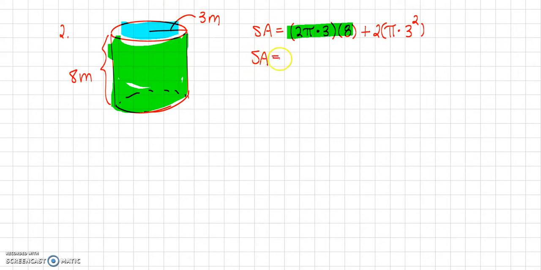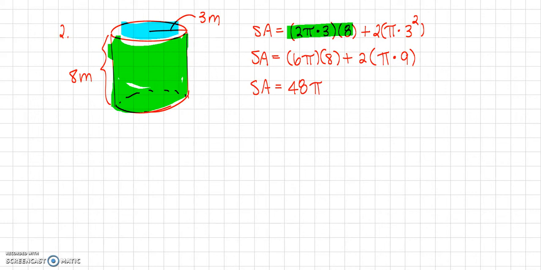So let's simplify. 2 pi times 3 is 6 pi. Three squared is 9. 6 pi times 8 is 48 pi. And the reason I'm keeping pi in here, not substituting 3.14, is because all of my answers have pi in them.